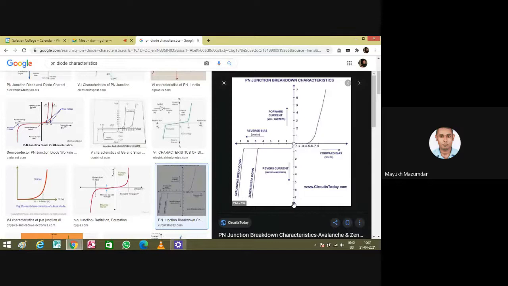That doesn't make any sense. Both the regions should be in the same graph. Only then will we be able to compare the relative values and nature of the graph in both the directions.